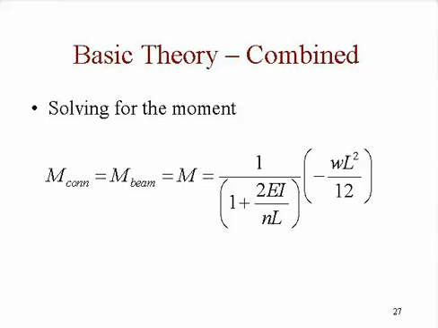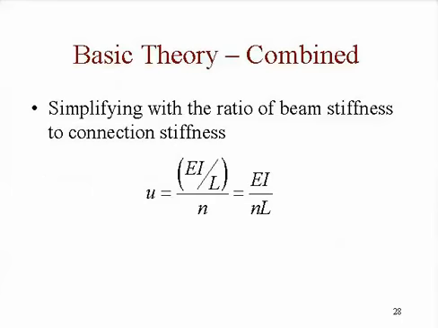That EI over L divided by N is a ratio of the beam stiffness to the connection stiffness. And so in the paper and here in the slides, I've called that U. Anyone could have come up with any letter, so if you read other papers on similar topics, you might find that referred to as alpha or whatever someone wanted to use. But keep in mind that all we're looking at is the ratio of the beam stiffness to the connection stiffness.